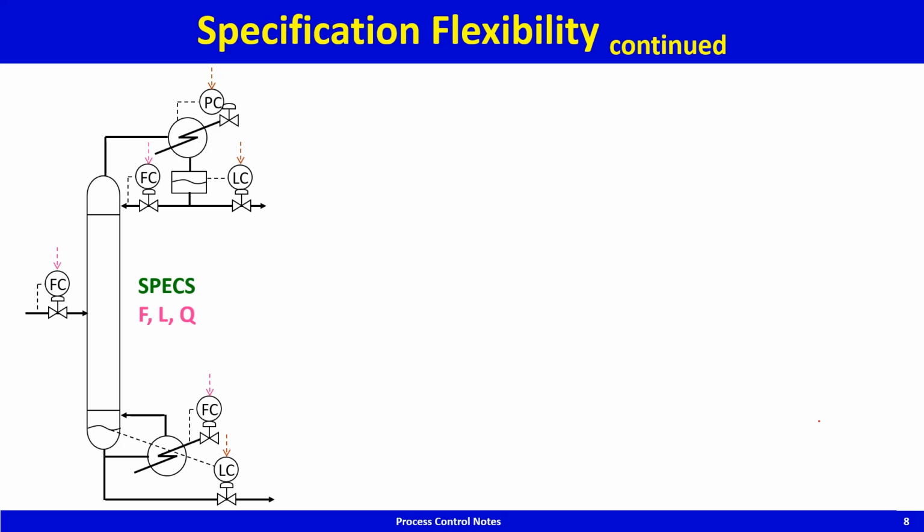You're not free to change the pressure set point, because if you change the pressure set point, then temperature is not a direct measure of composition. So in this case, excluding the 2 levels and the pressure, what are the specs? Feed flow, reflux rate, reboiler duty.